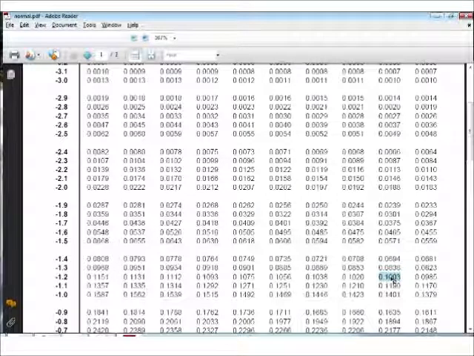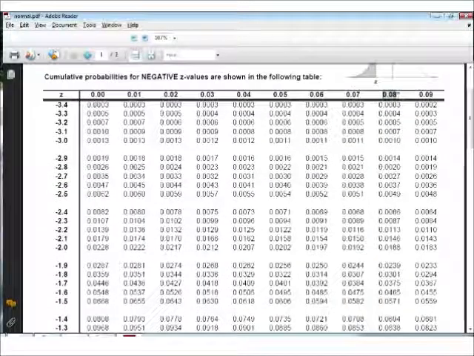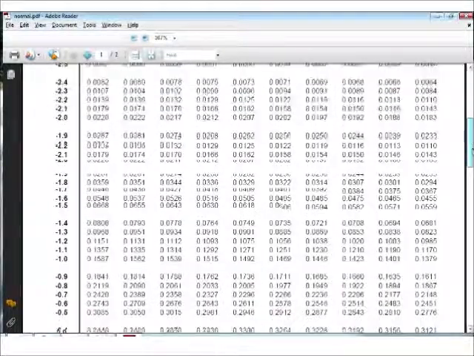So 0.1 is actually the 10% significance level. So for a 10% significance level, the standard z value is minus 1.28. That is how we select.